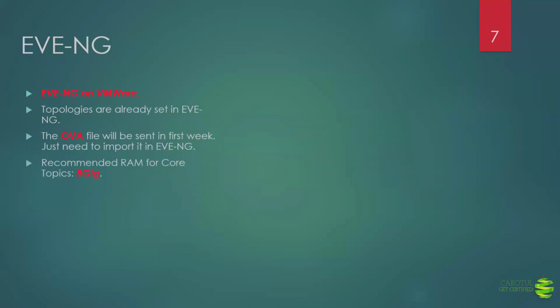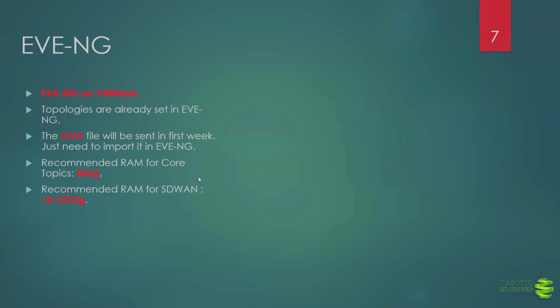The thing is that we recommend having at least 8 gig of RAM in your system, minimum. But if you have 16 or 32 gig, that will be better. The reason is that for SD-WAN, you will need more resources, especially for vManage. It actually is very resource hungry. So 16 to 32 gig is better. The sweet spot, I would say, is 16 gig.